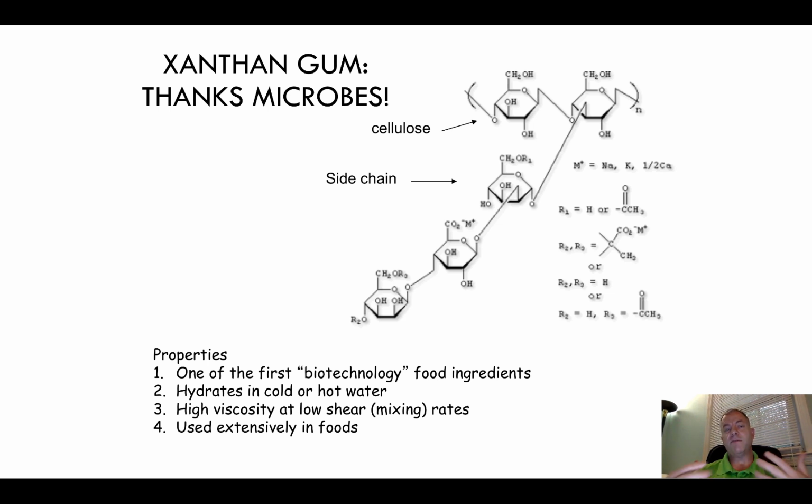So we grow up a bunch of microbes and we harvest this material that they produce. It will hydrate in cold water. These side chains help it to do that, and it produces very high viscosity. It's used in a lot of different types of foods, primarily for this thickening type of effect.